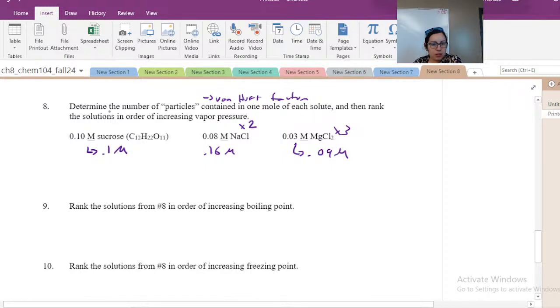Now we can do the first one, increasing vapor pressure. More particles decrease the vapor pressure. So which one has the highest vapor pressure?